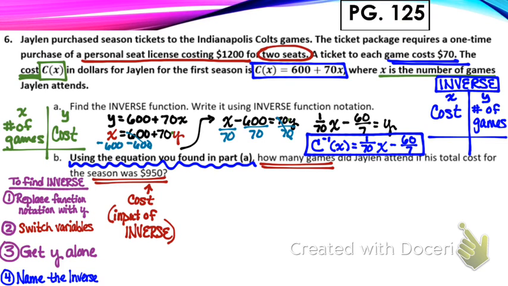So I would have C inverse of 950 is equal to 1 over 70 times 950 minus 60 over 7.